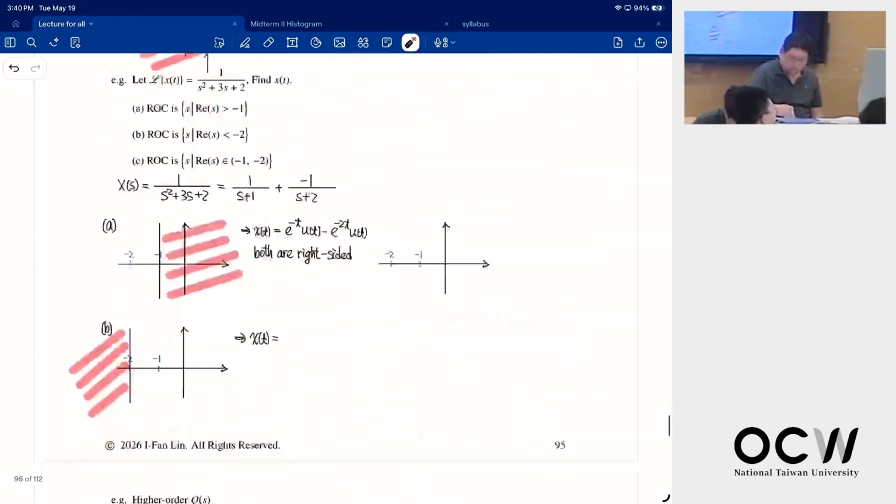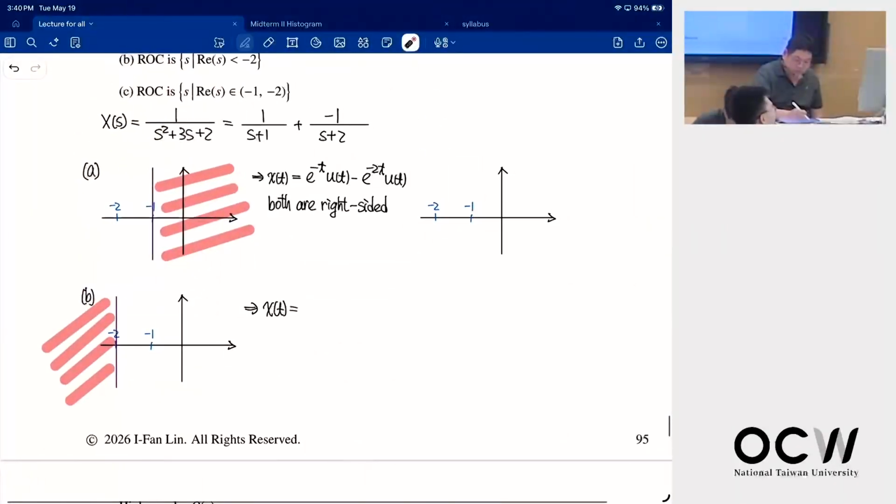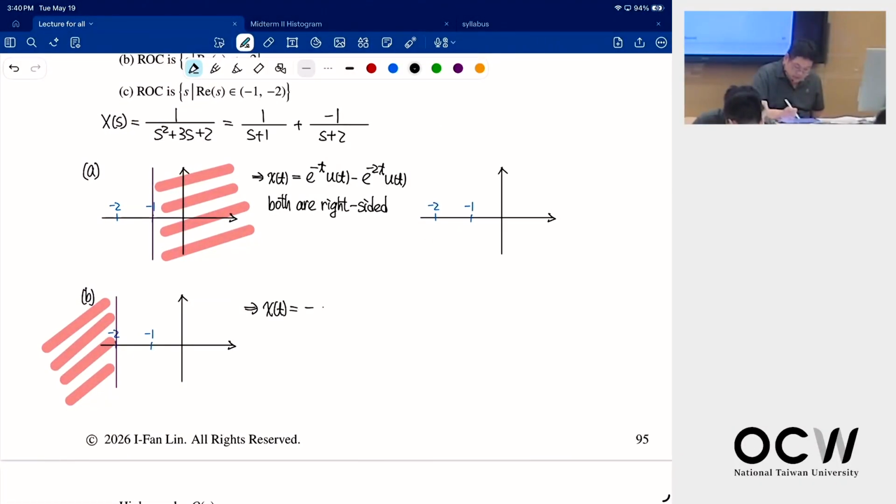So minus e to the minus t, but here u will be u of minus t. Here u is the reverse of the unit step function.